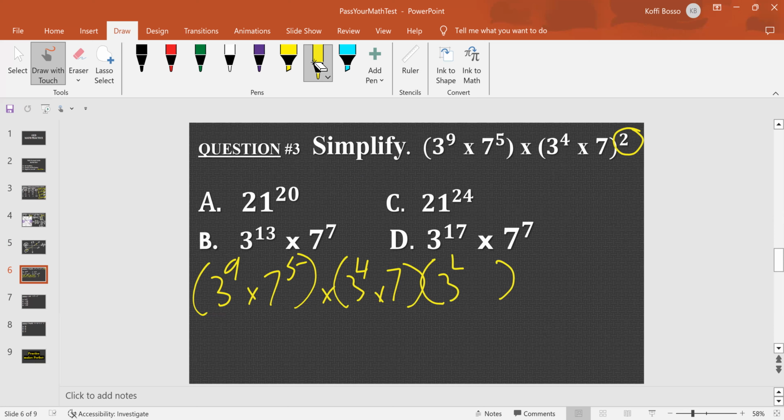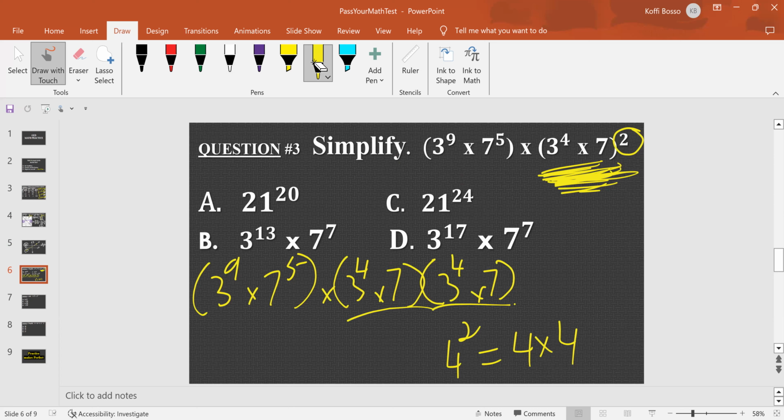So you have again 3 to the 4th power multiplied by 7. Remember, suppose they say 4 to the 2nd power. This is 4 multiplied by 4. So we take the number we multiply by 7. Therefore, if I have 3 to the 4th power multiplied by 7 in a parenthesis, and they raise it to the 2nd power, we will multiply this expression by itself, which is done here.